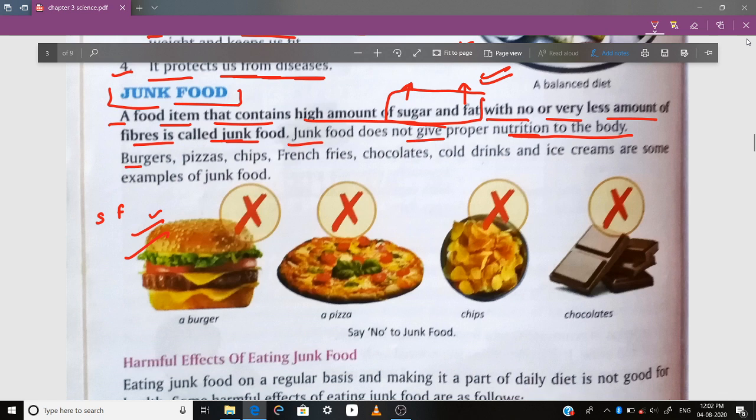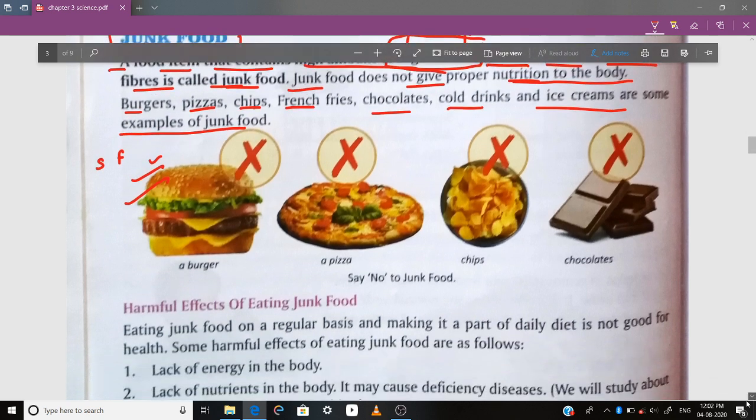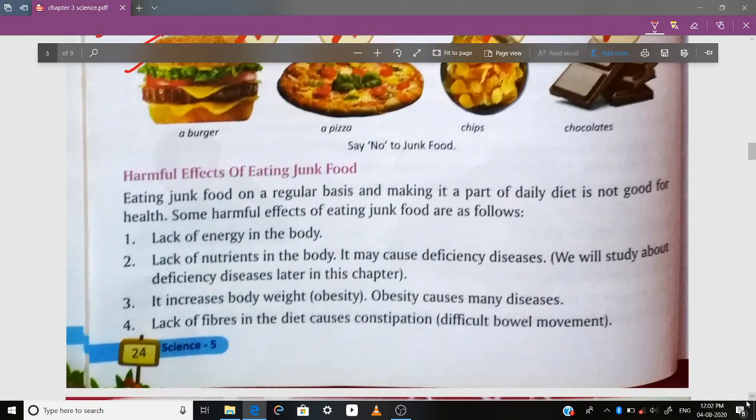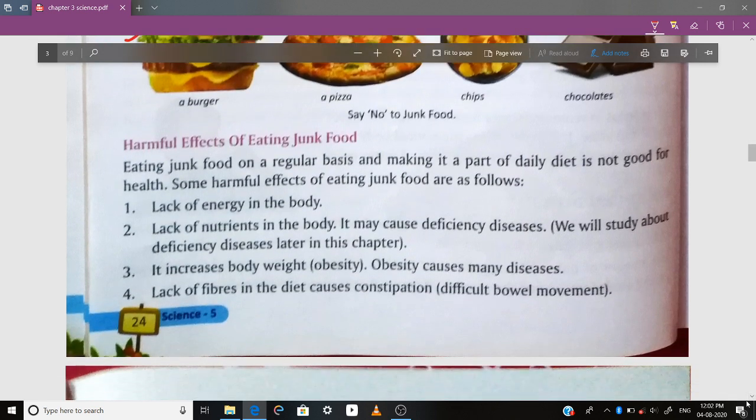Burgers, pizzas, chips, french fries, chocolates, cold drinks and ice creams are some examples of junk food. There are so many junk foods which we have in our daily life. You know very well, whenever we go outside or any vendor comes into our locality selling junk food, our mouth gets watered when we hear their voice.